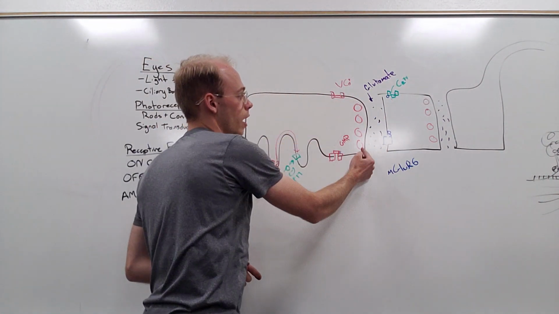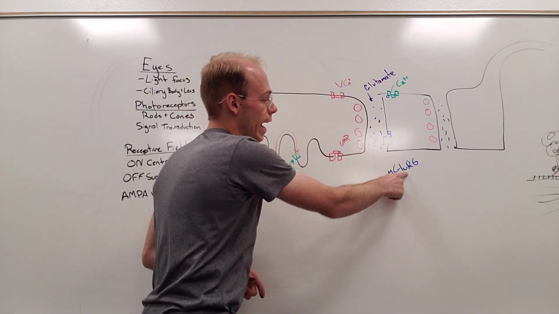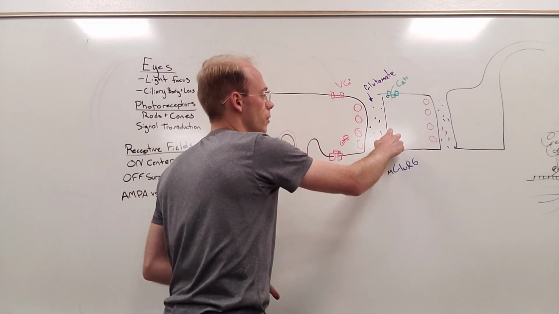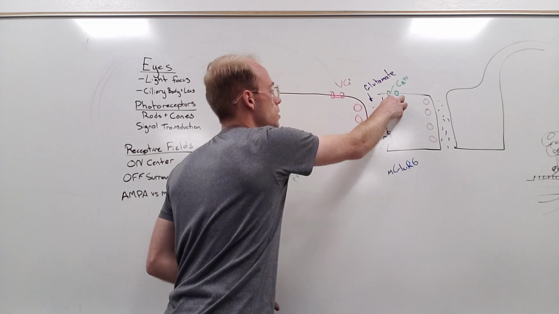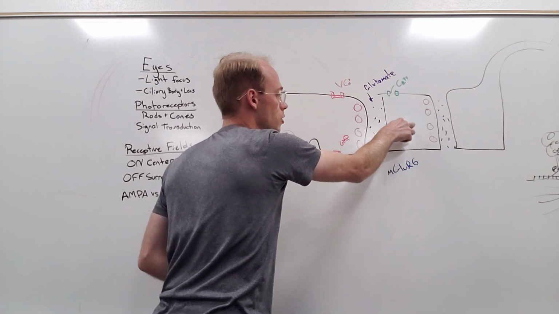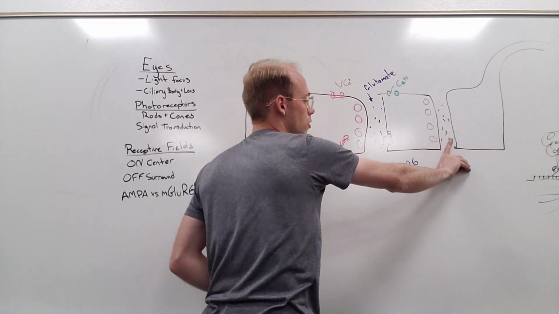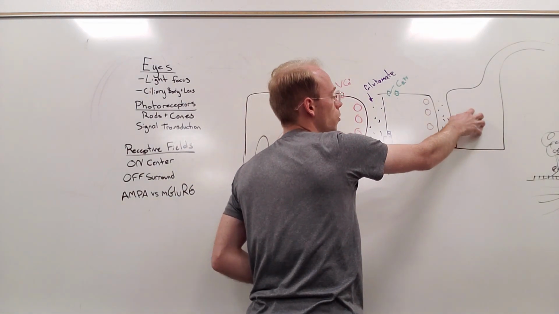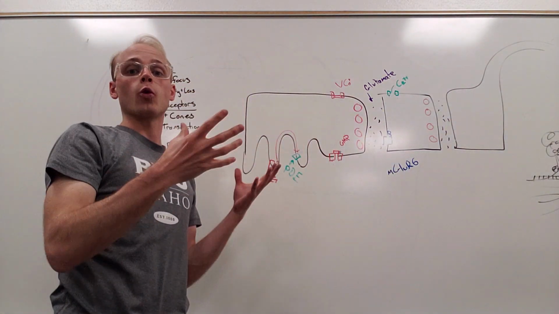Because this doesn't open, I don't release these vesicles filled with glutamate, and I do not activate the mGlu-R6 G protein. So because I don't activate it, my calcium channel over here stays open. So calcium is allowed to run into the bipolar cell and release these vesicles filled with glutamate, which will then activate receptors and depolarize my ganglion cell, which then goes to the brain and says, hey, we're seeing light.